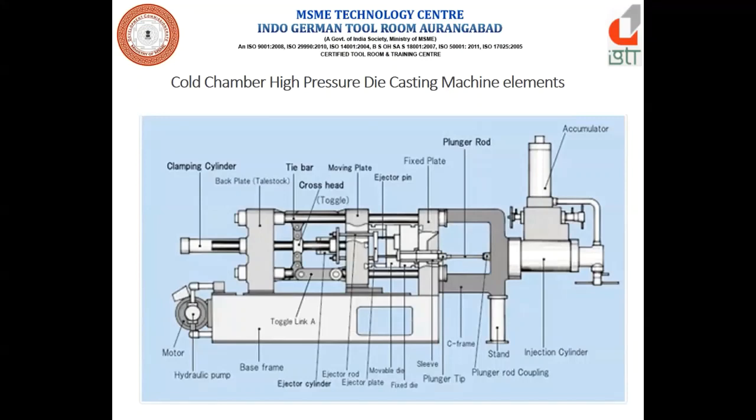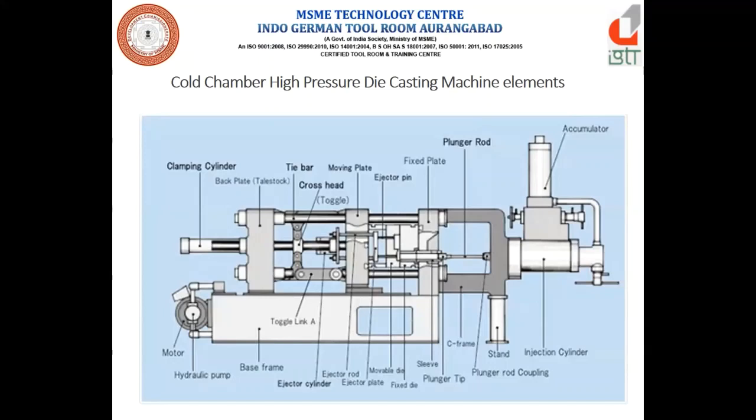So rear platen and moving platen are moving, and the distance can be adjusted also to allow the die, as per the die size requirement, we can adjust the distance of opening.